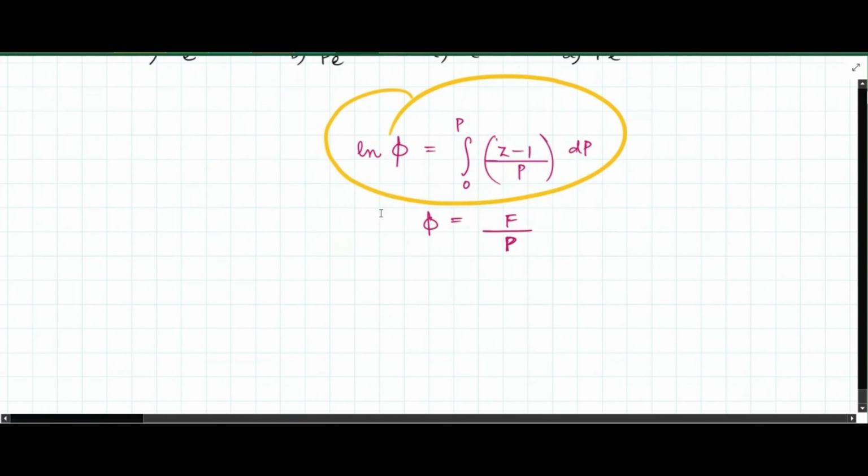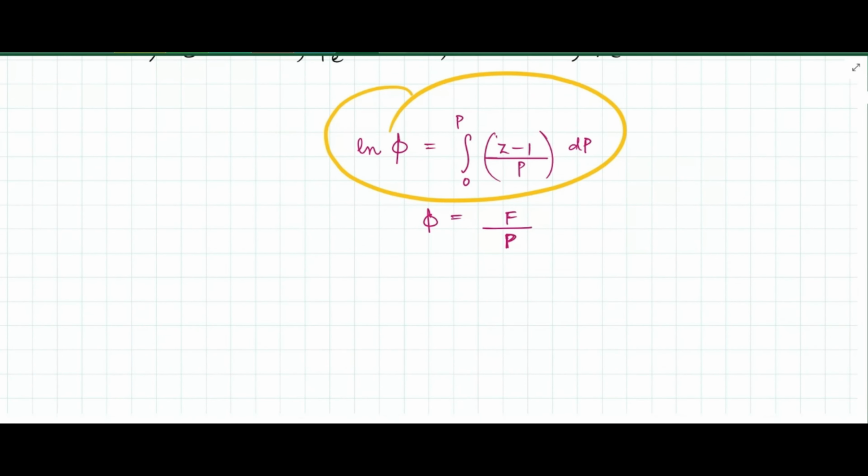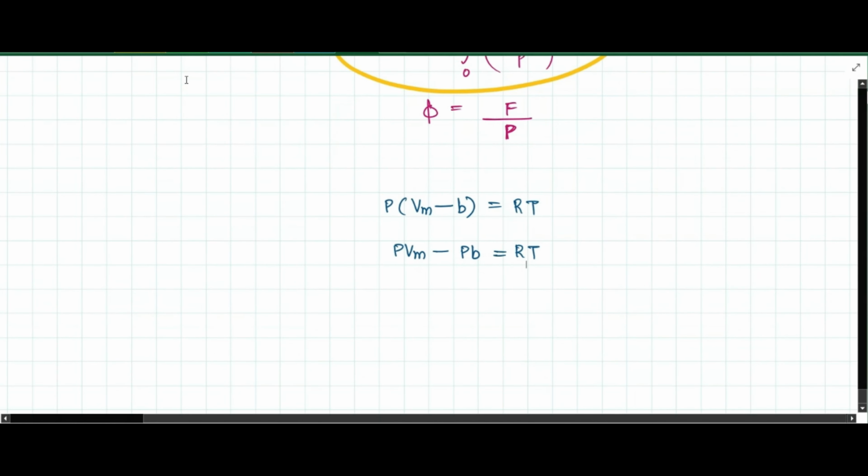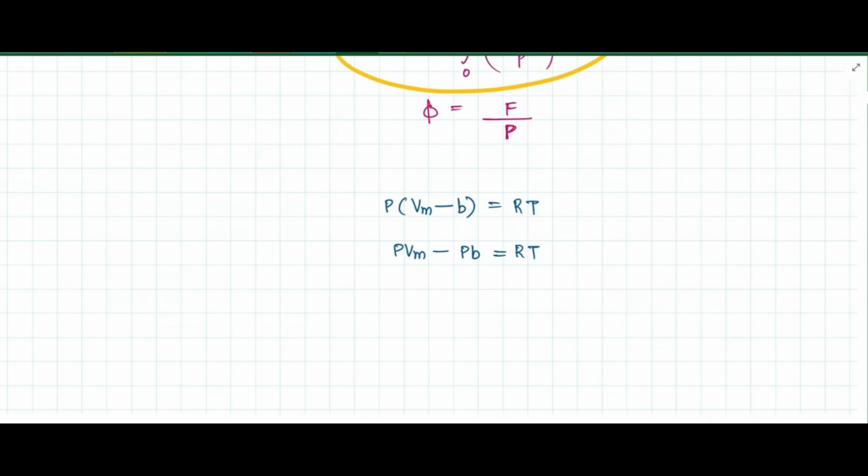The equation given to you is P(Vm minus B) equal to RT. This is the equation of the gas. Let's open the brackets: PVm minus PB is equal to RT. Throughout this equation, I am going to divide by RT.